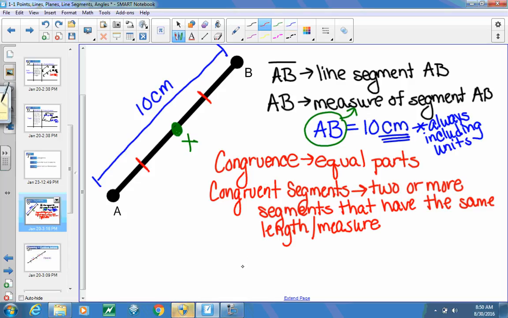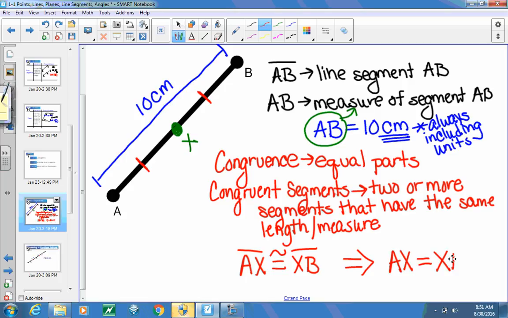So we can write this out in two different ways. We can say that AX is congruent to XB, and I'm going to use my lines because I'm talking about the actual segments. Or you can say that the measure of AX, so I'm not using a line, is equal to the measure of XB. These two are different.